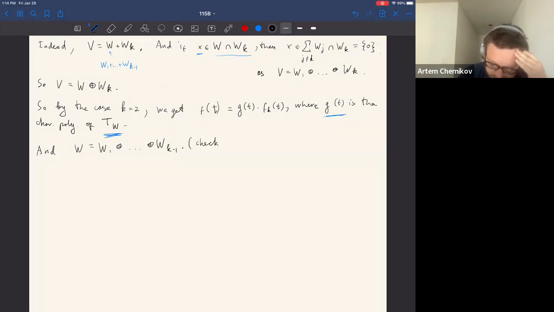So check the conditions of the form, let's say, Wi intersected with the sum over j from 1 to k minus 1, with j not equal to i, of Wj equals 0.